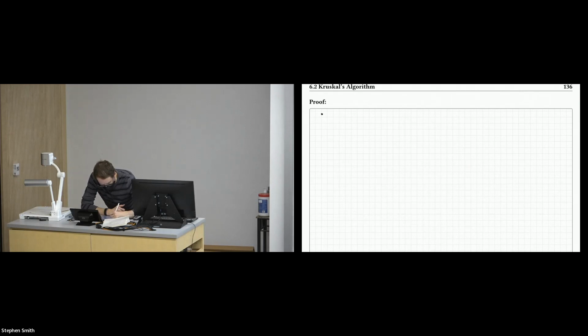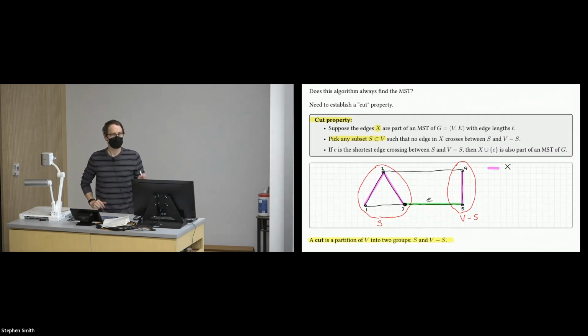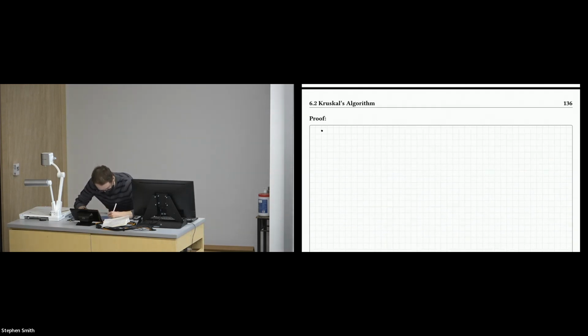We start off with what we know. The statement was that the edges in X are part of a minimum spanning tree. So we get to start knowing that. Edges of X are part of an MST.